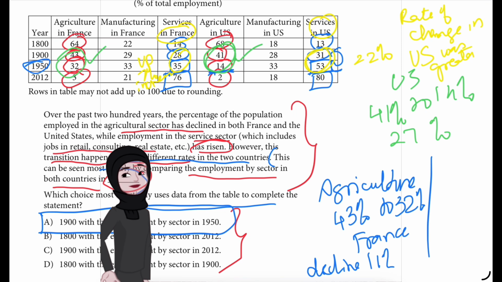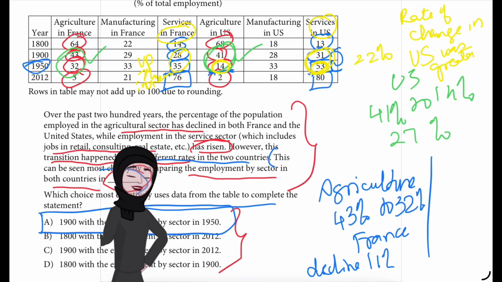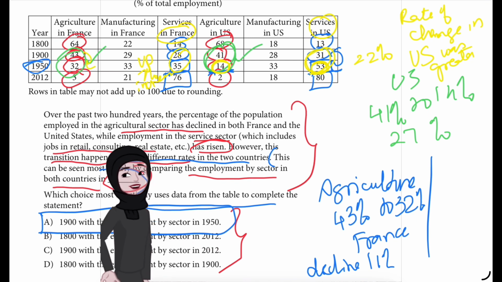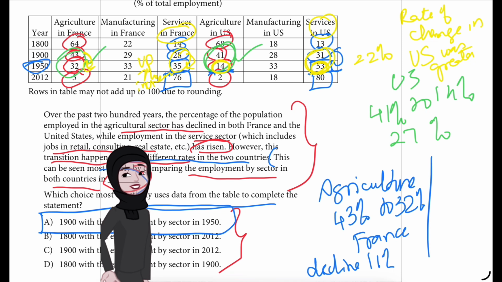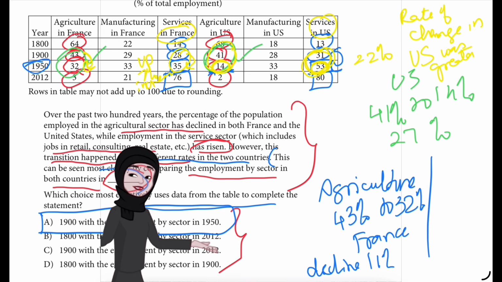Now you observe that in the US, services have gone up to 53%, and agriculture has dropped to 14%. This is a drastic change compared to France's change. France only went from 43 to 32 and 28 to 35, an increase in services, and agriculture declined. But observe the large increase and decrease of the US.